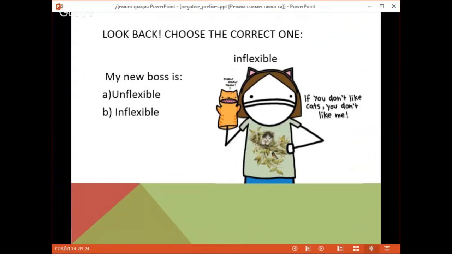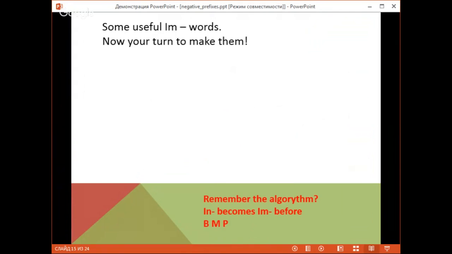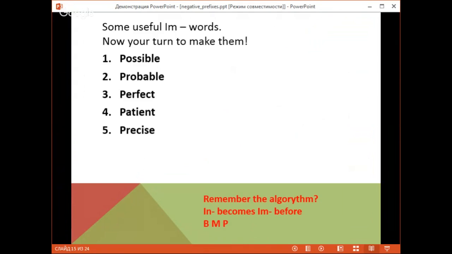And we continue. Speaking about im, you remember the algorithm that in becomes im before b, m, and p. Now it's your turn to create some negative words, the opposites. Possible, probable, perfect, patient, precise, and mature.